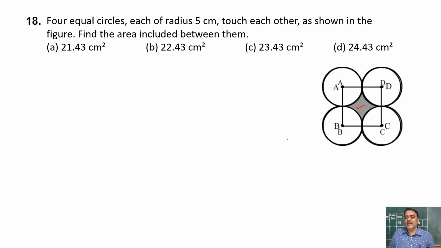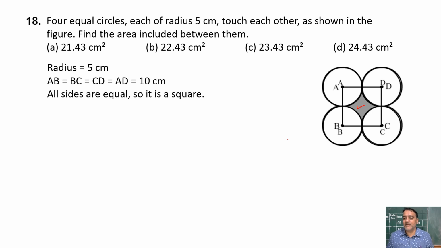So very similar, area of square minus area of 4 quadrants, right? So radius is given 5 centimeter. So side of square will be 5 plus 5, that is 10 centimeter, right? And all sides are equal, so it is a square. Since it is not mentioned anywhere in this question that it is a square, but we can see the square here, right? Clear till here?